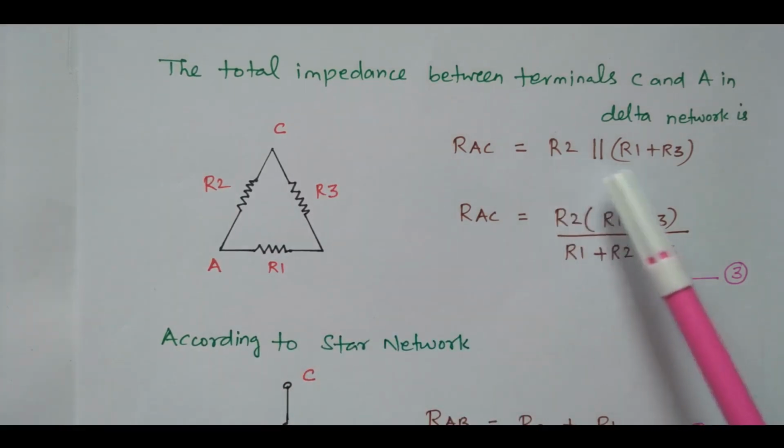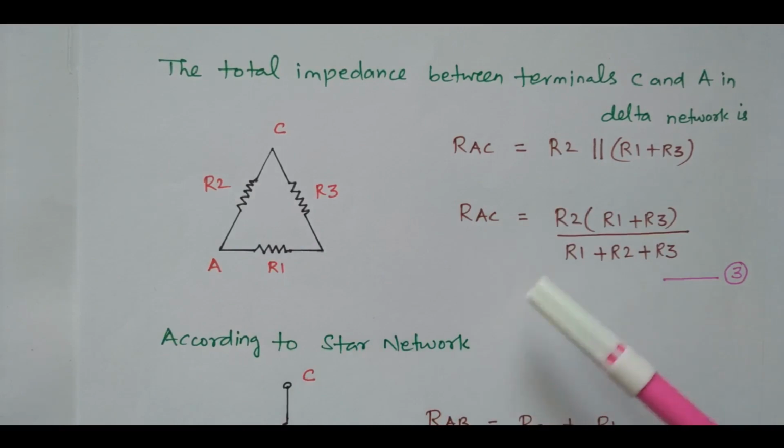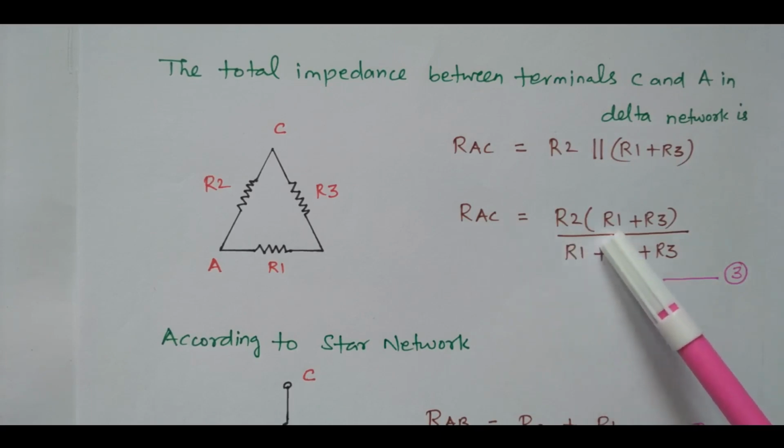R2 in parallel with R1 plus R3. These two are connected in series, that is parallel with R2. What is the equivalent resistance? Multiplication of these two divided by the sum of these two. R2 into R1 plus R3 divided by R1 plus R2 plus R3. So take this as equation number 3.